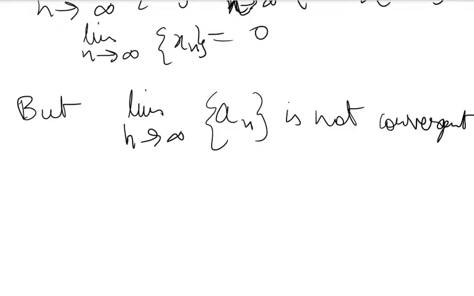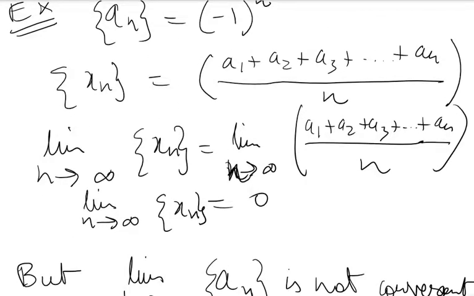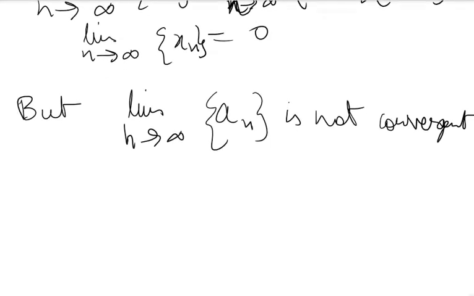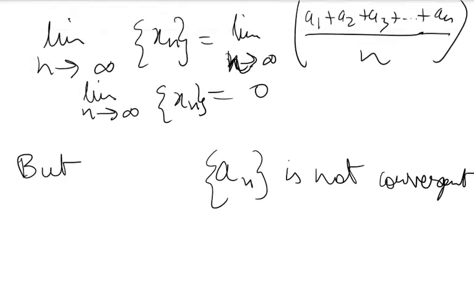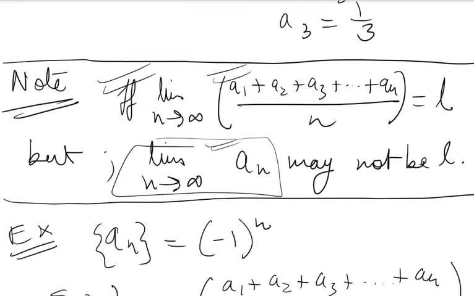So basically what we are trying to prove is that the top part, limit n tends to infinity, may not be convergent.